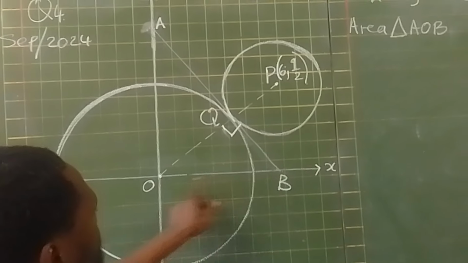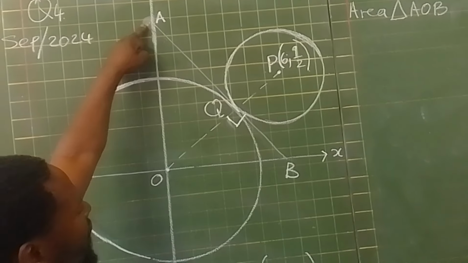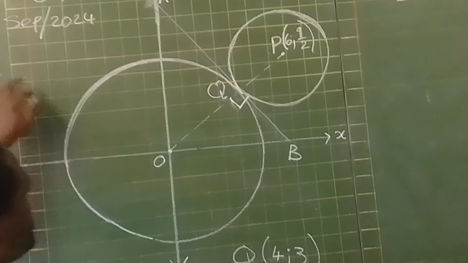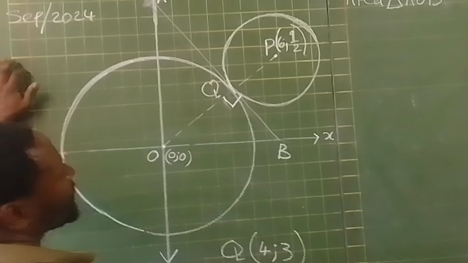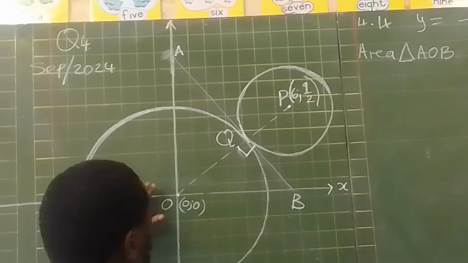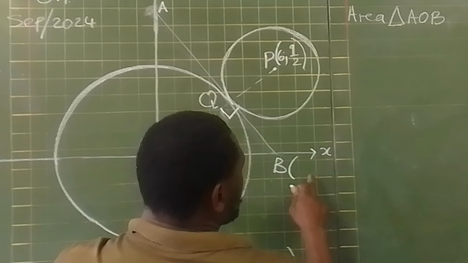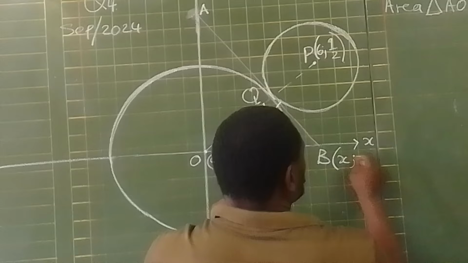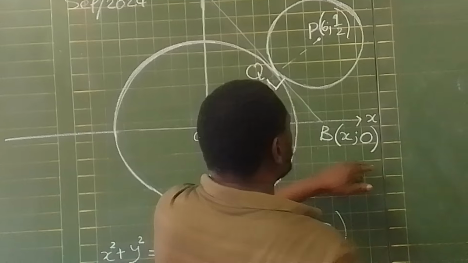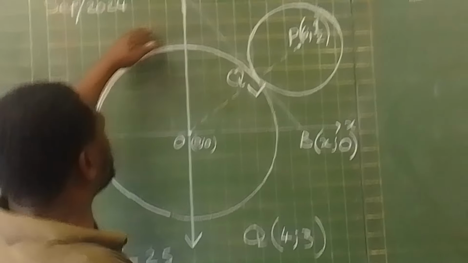We have the origin, which is (0; 0). Here you have what? You don't know the x. Let's write x here is 0. Why am I saying 0? Y here is 0. Let's come to A.